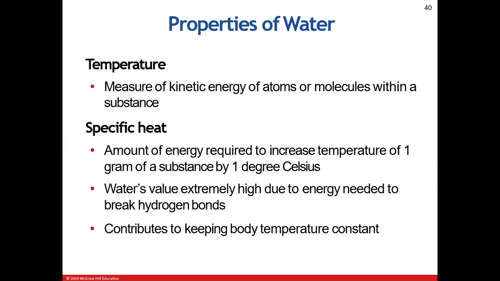And that also ties into what specific heat is. Specific heat is the amount of energy required to increase the temperature of 1 gram of a substance by 1 degree Celsius. Water's value is extremely high because it needs a lot of energy to break the hydrogen bonds that are formed by individual water molecules. And again, it's because of these that we can maintain a constant body temperature.